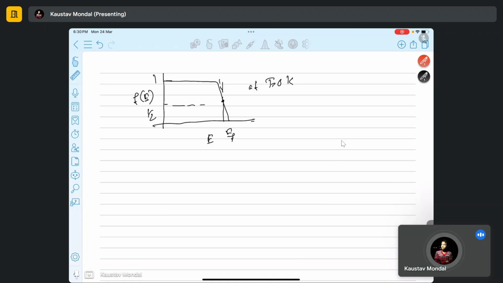This energy range that it takes to go from 1 to half and from half to 0 should be very small, because this is happening at T equal to 0 Kelvin. Now if you take T more than 0 Kelvin, then it will become like this.